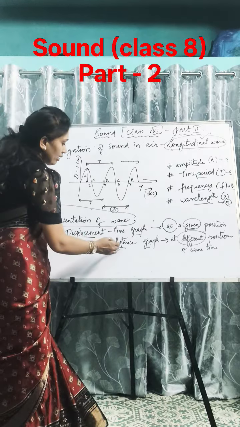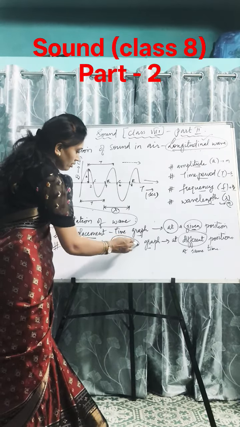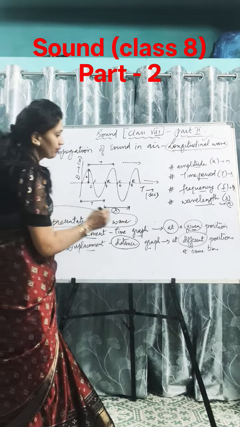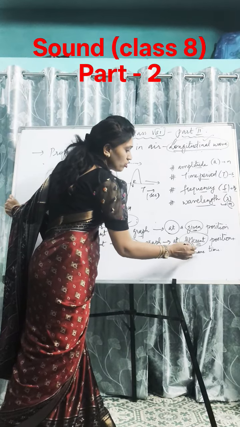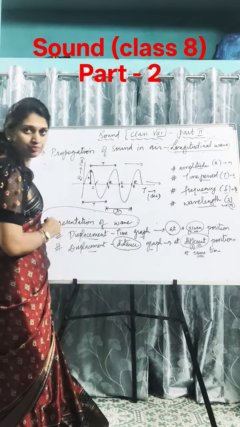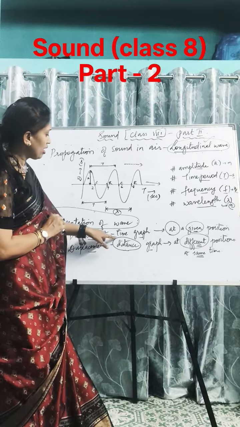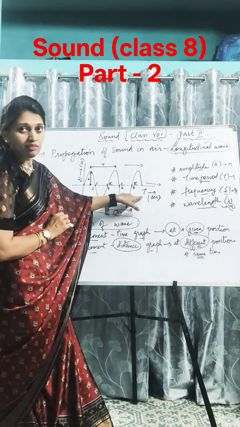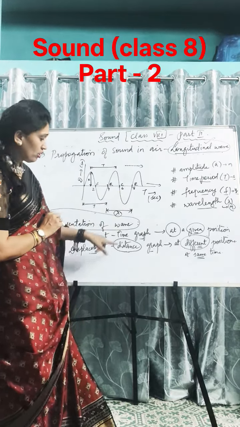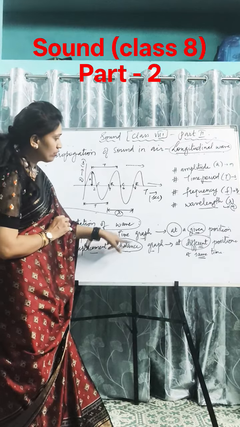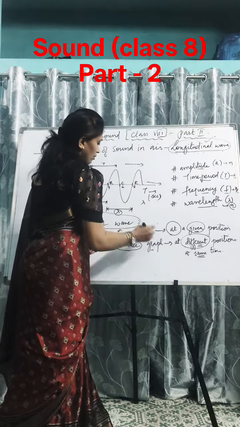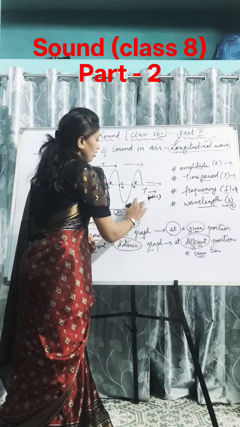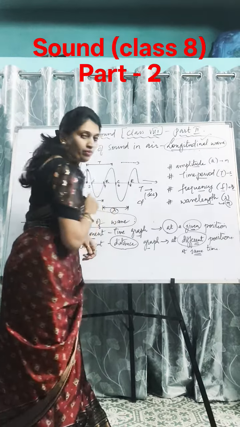But whereas in a displacement distance graph, we see the particles at different positions no matter the time is the same here. So in time graph, we show the time here on x-axis, and whereas in distance graph, we show the distance here instead of time.